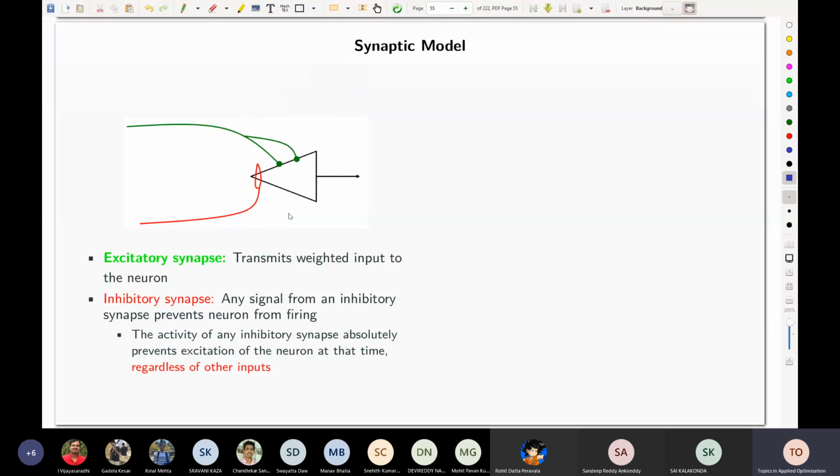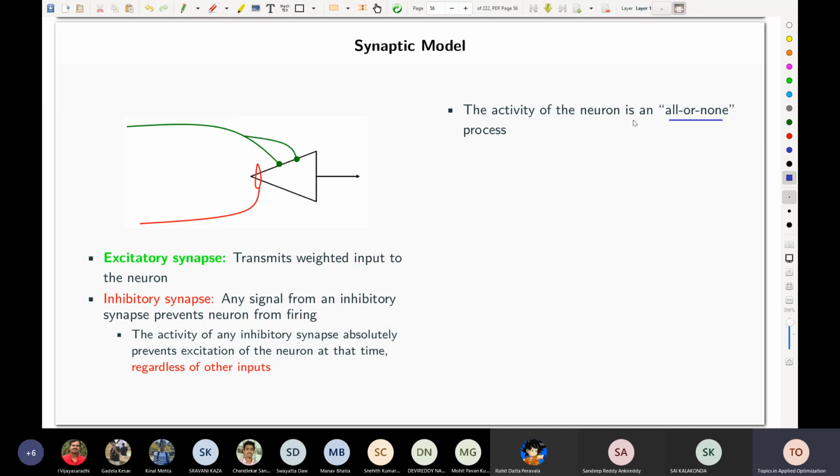The activity of an inhibitory synapse absolutely prevents the excitation of the neuron at that time, regardless of the other inputs. So the moment you have an inhibitory synapse going in, you're sure the neuron is not going to process any incoming signal. The activity of the neuron is an all or none process.